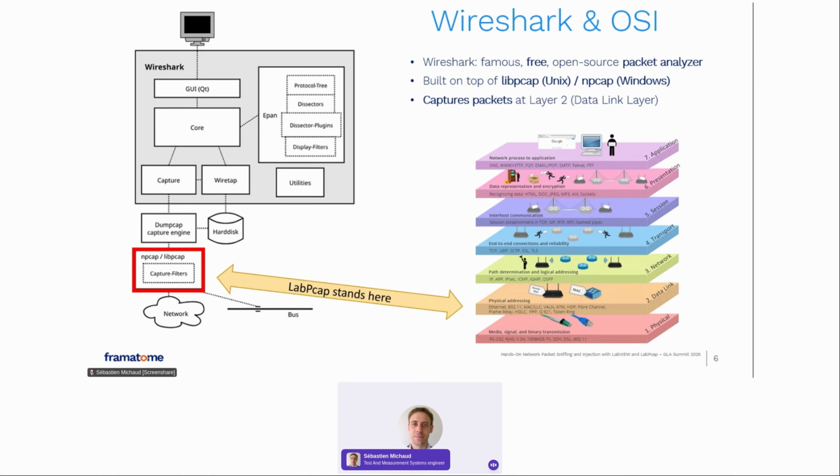And that's actually where my toolkit, my library LabPcap, stands. LabPcap allows you to capture packets at layer 2 of the OSI model, just like Wireshark does, but within LabVIEW.